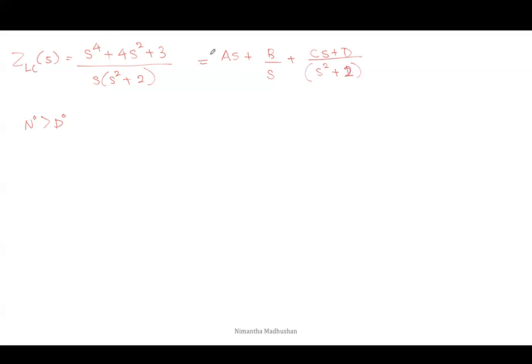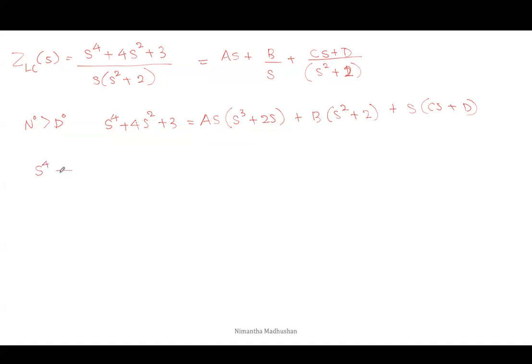Then we have to find the values of a, b, c and d. s to the power 4 plus 4s squared plus 3 is equal to s times a(s cubed plus 2s) plus b into (s squared plus 2) plus s into (cs plus d). Then I can find these values.